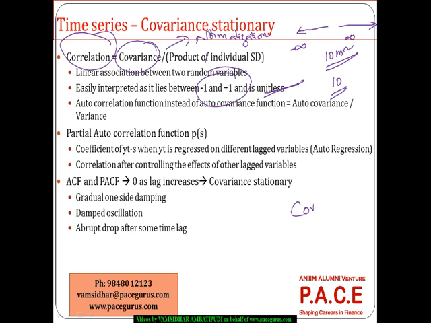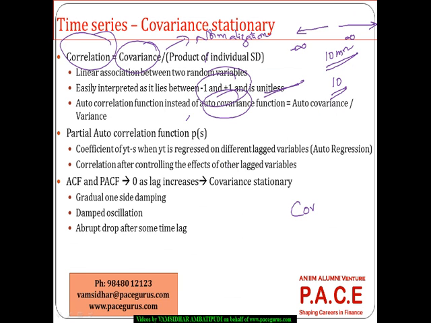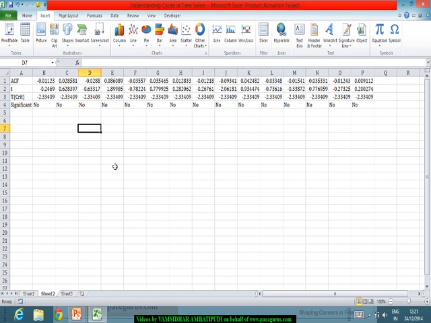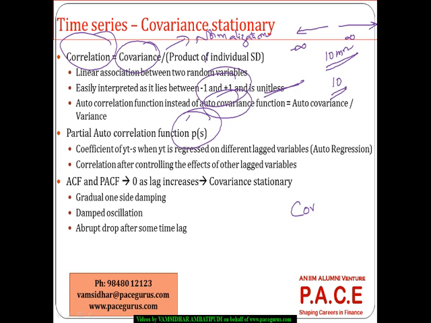So we can actually compute the autocorrelation instead of autocovariance and plot the autocorrelation. In this case, these are the numbers that are working out as autocorrelations. On the other side, one more important thing that we generally look at is the partial autocorrelation function, wherein we try to regress yt on the different lagged variables.